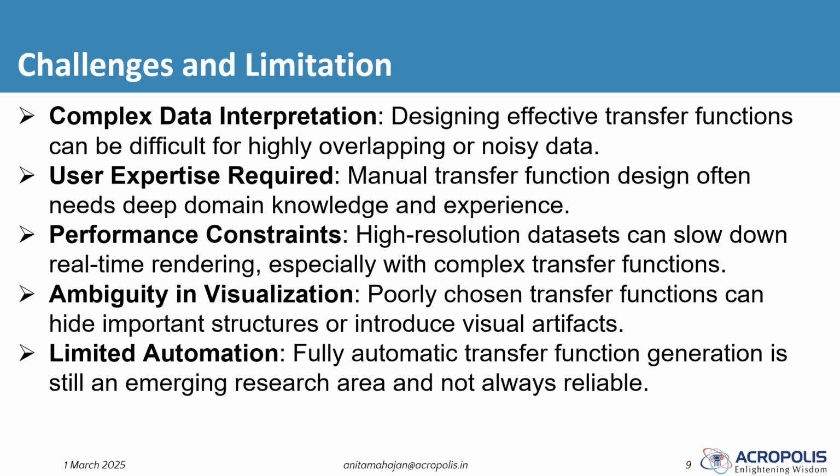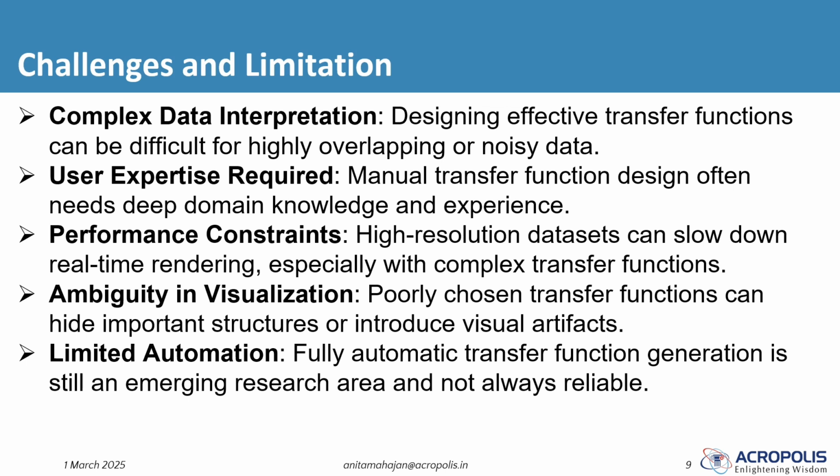Performance constraint. High resolution data sets can slow down real-time rendering, especially with complex transfer functions. Now, for designing complex transfer functions, we need heavy software which consumes much space and slows down the process timing. Ambiguity in visualization. Poorly chosen transfer functions can hide important structures or introduce visual artifacts.